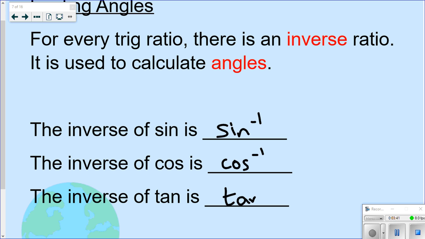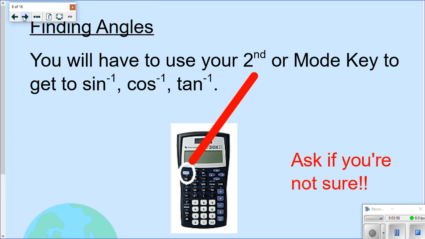And if you look on your calculator, you're going to see that each of sine, cosine, and tangent is going to have one of these little guys over top of it. Sine inverse, cos inverse, tangent inverse. And that is how you turn a bunch of numbers into an angle.